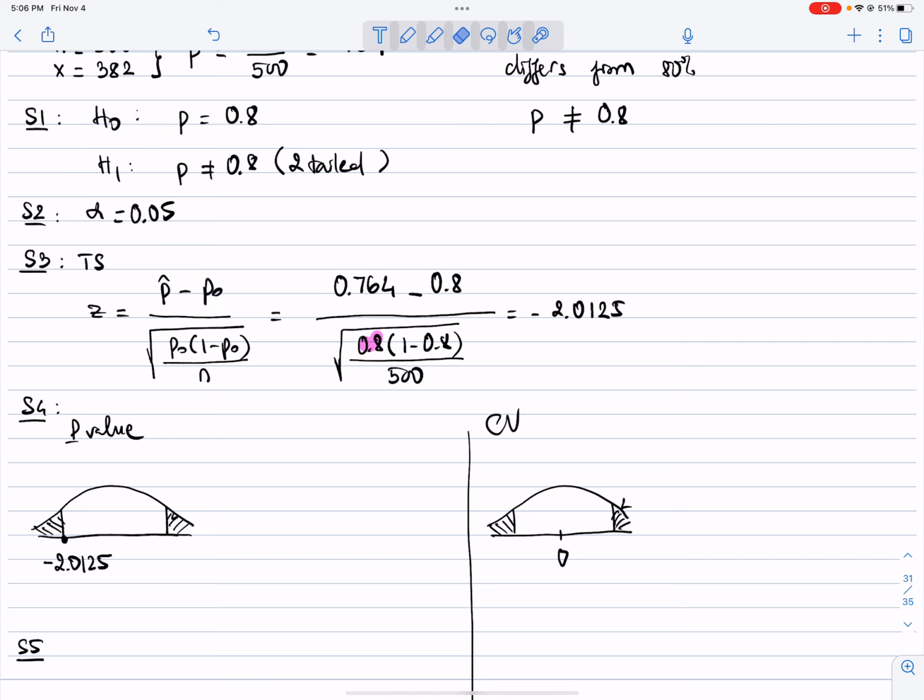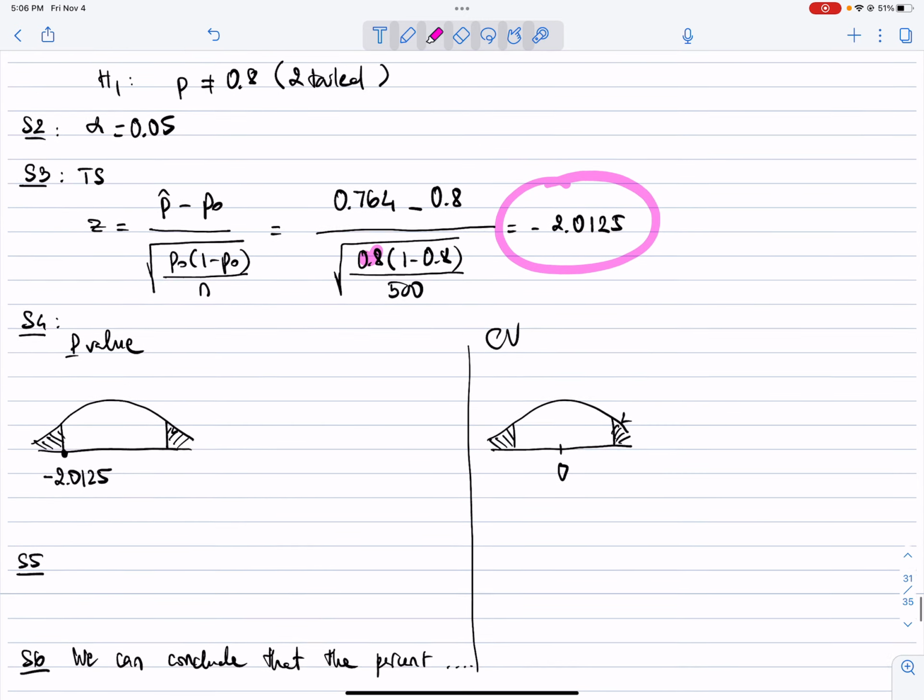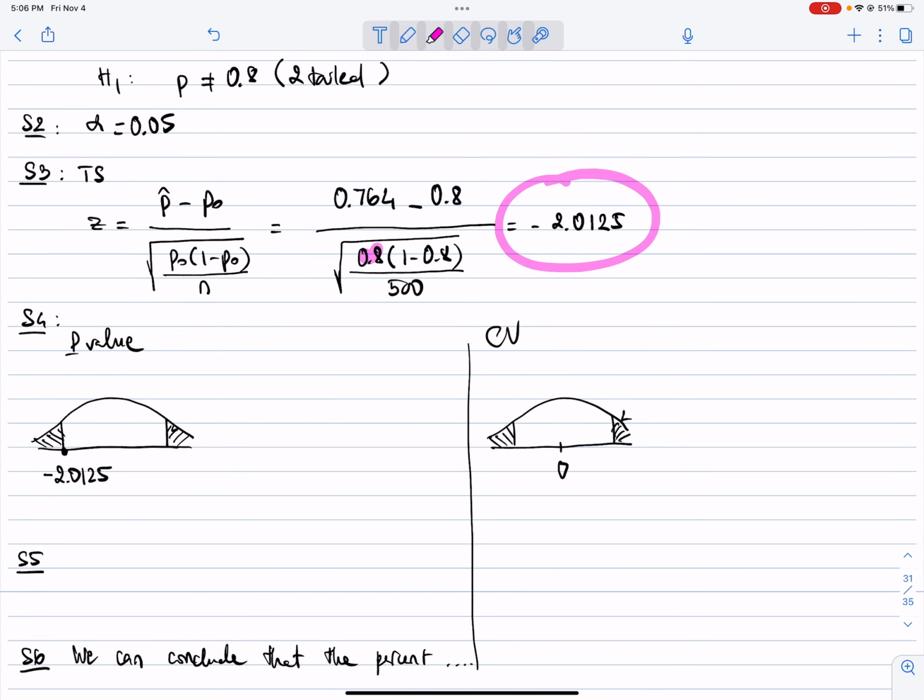We use GeoGebra for this to get the test statistic, which is negative 2.0125.